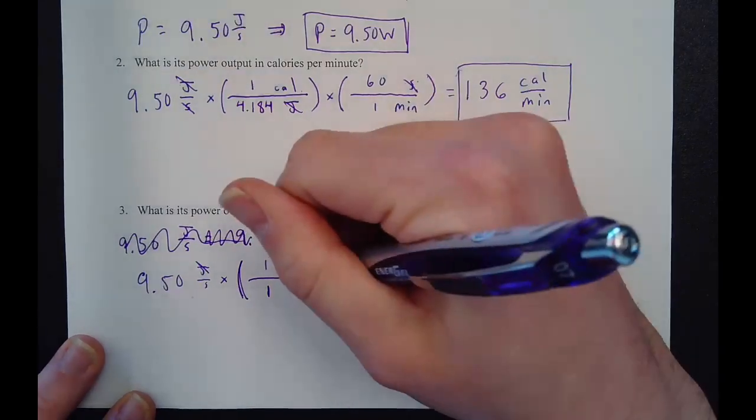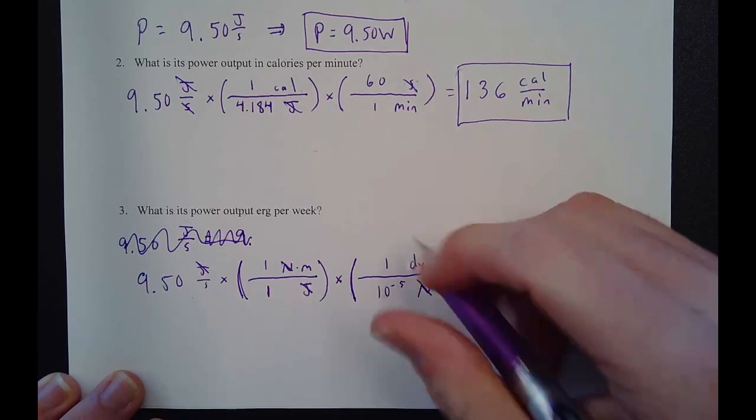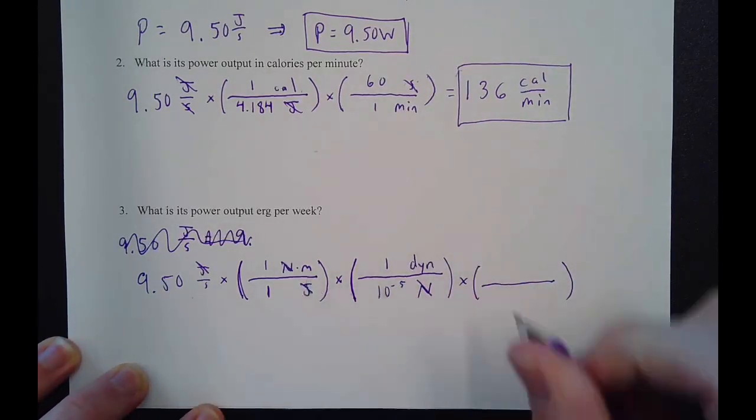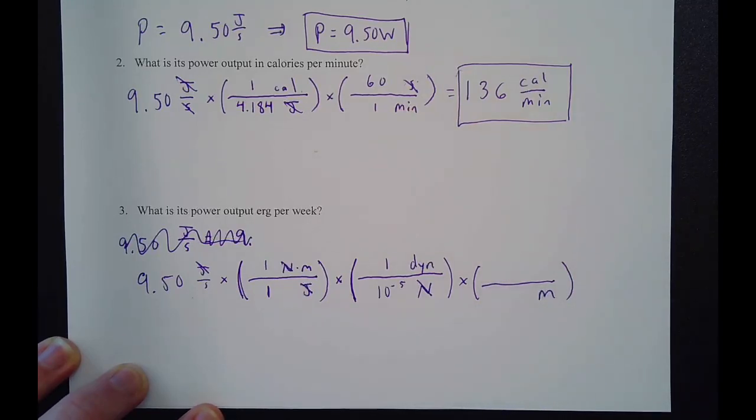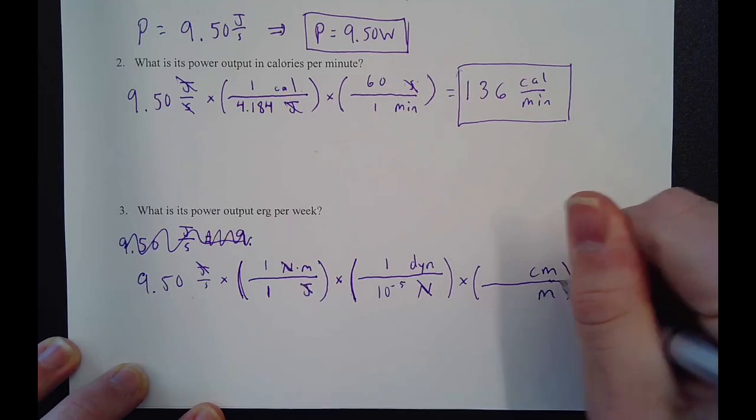And the Newton will cancel with the Newton. So I'm close because an erg is a dyne centimeter. I've got dyne meters, so I need to convert the meters to centimeters. I've got meters in the numerator, so I'll need to put meters in the denominator there. And I want to convert it to centimeters.